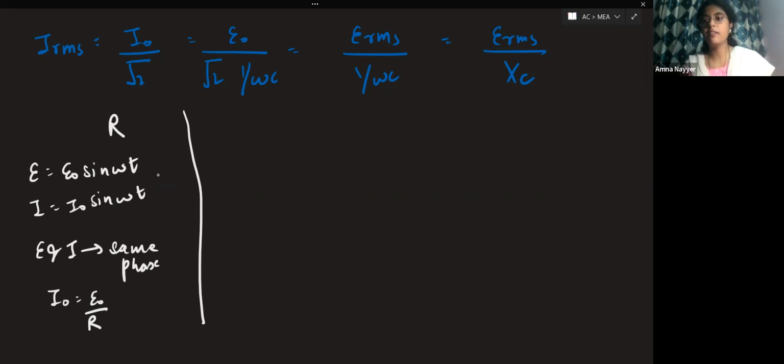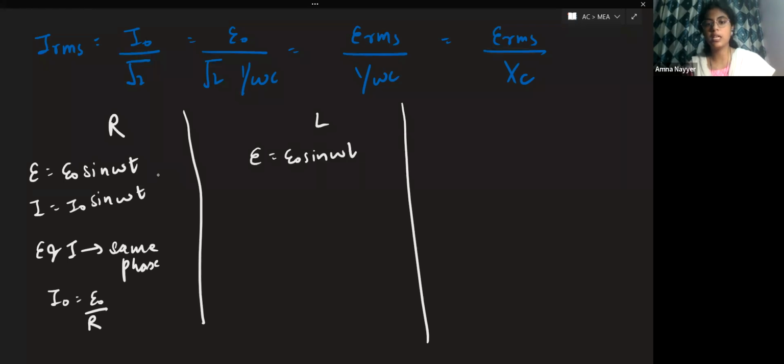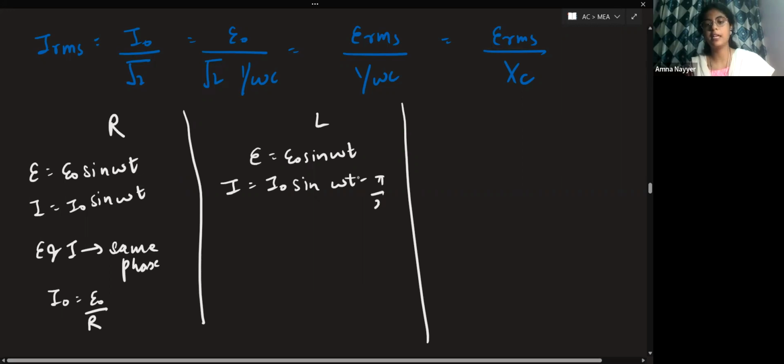When you have a circuit which contains only an inductor, at that time EMF is E naught sine omega t. Current is I equal to I naught sine (omega t minus pi by 2).